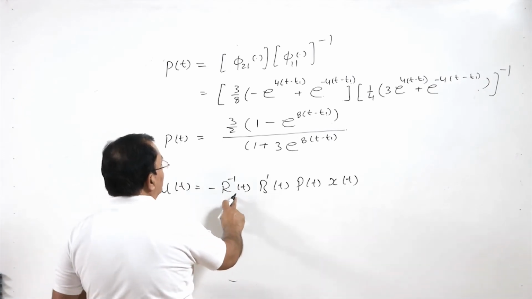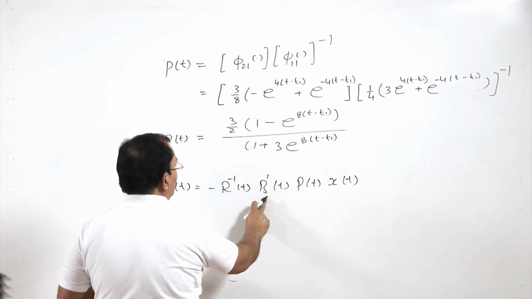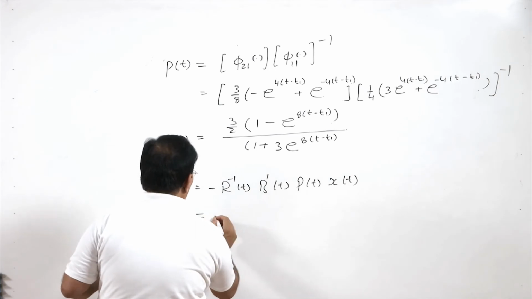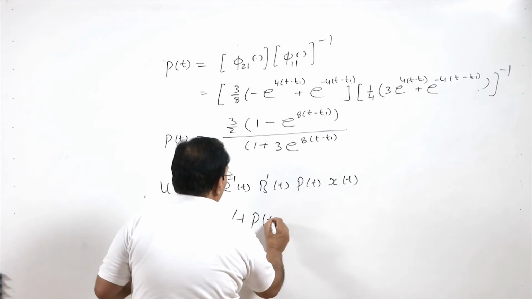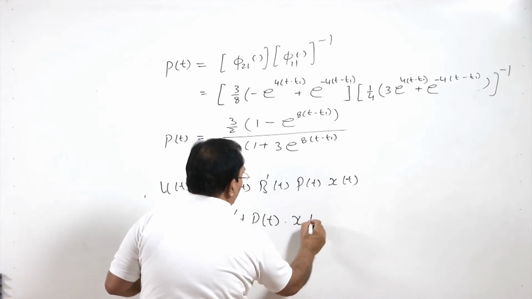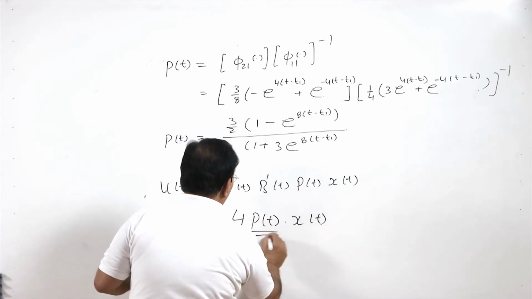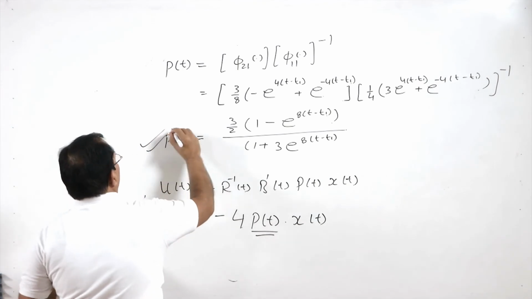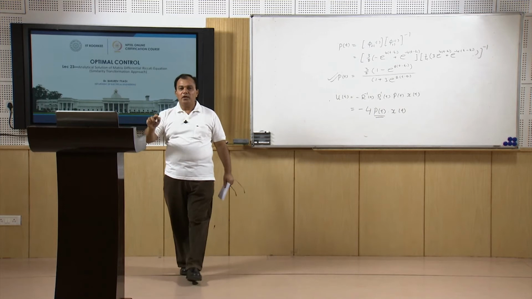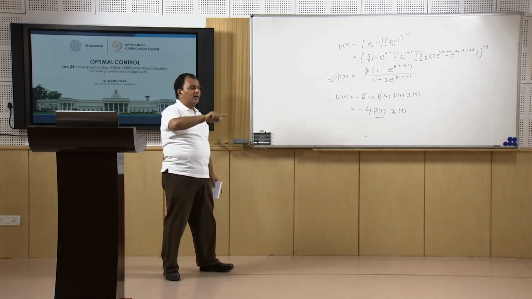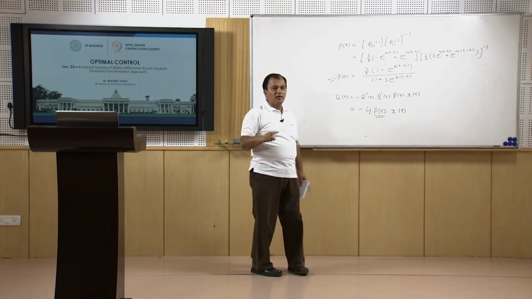R inverse is 4, B prime is 1. So this is nothing but minus 4 P(t) x(t), where P(t) is given by this equation. So this will be my u(t), and directly I can implement my closed loop control.